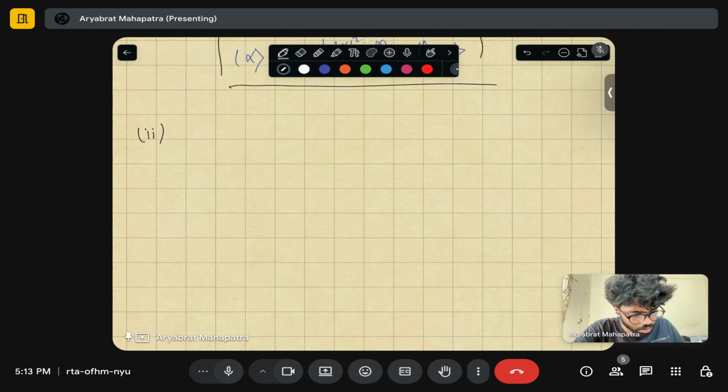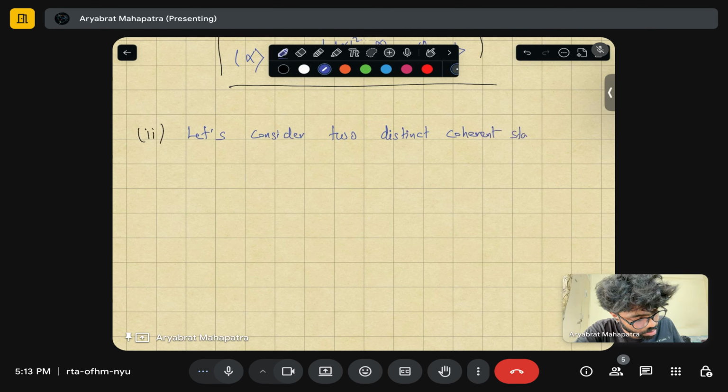Let's consider two distinct coherent states, alpha and beta.